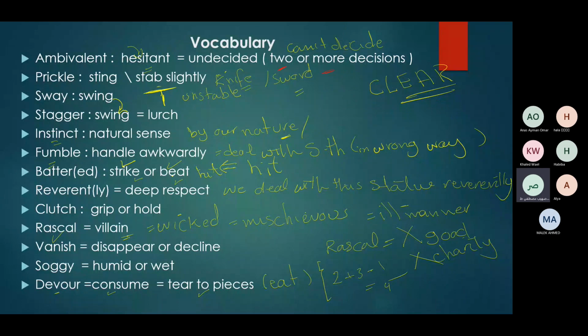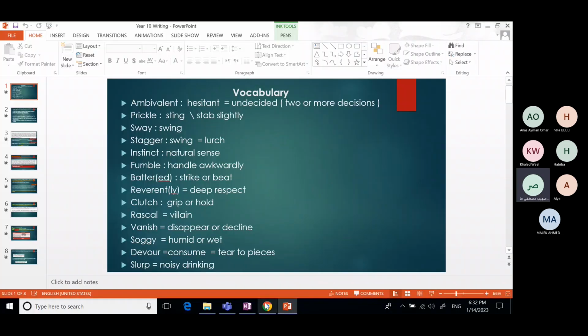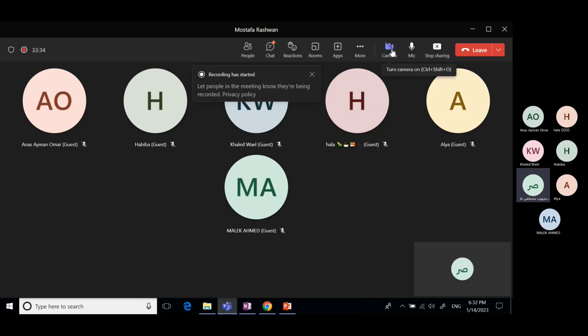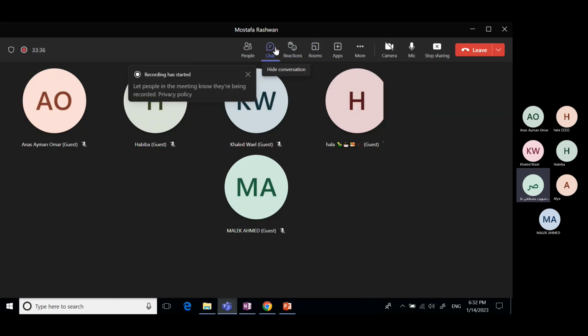Okay, let's go to the task. I need you to look at this website because maybe we'll use it repeatedly later. Here's the link of the task. Follow this link.